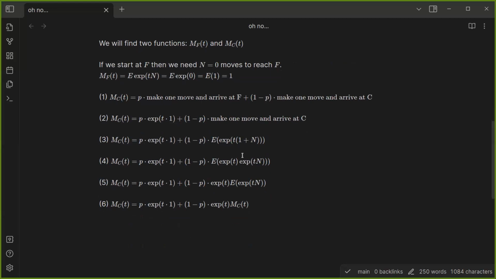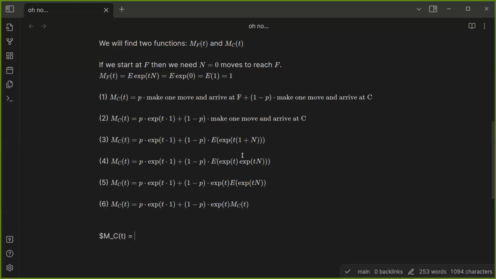Now, what is the value of m of c? Who has calculated m of c? Who has solved this simple equation? So you just express that with simple algebra. I hope you can do so. Did anyone solve equation number 6?